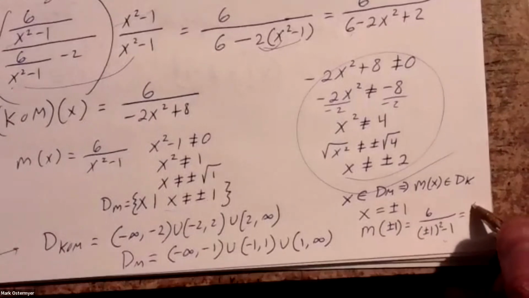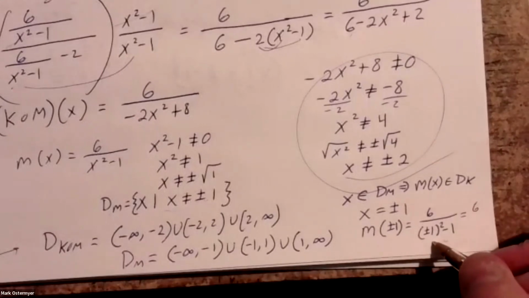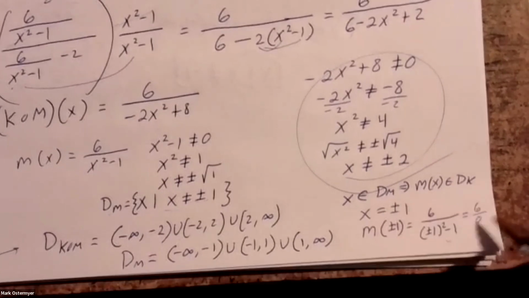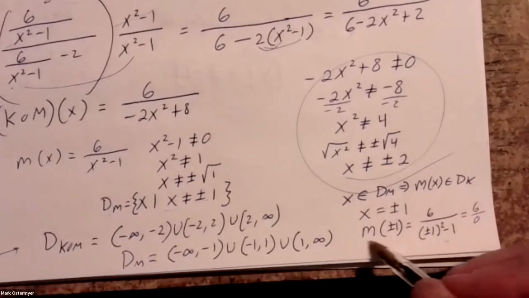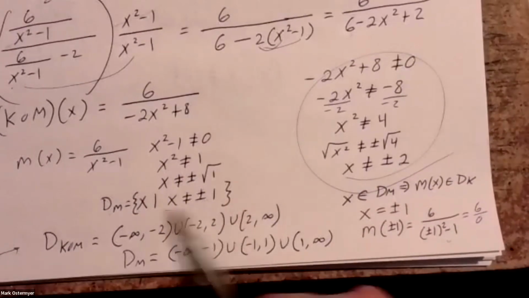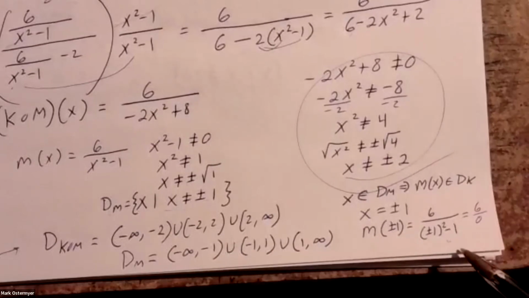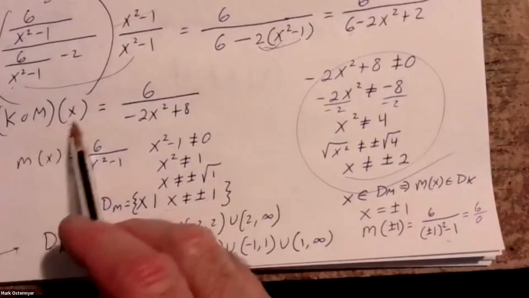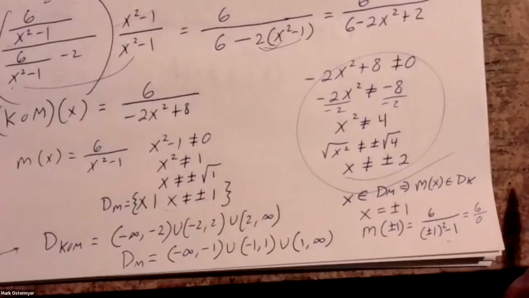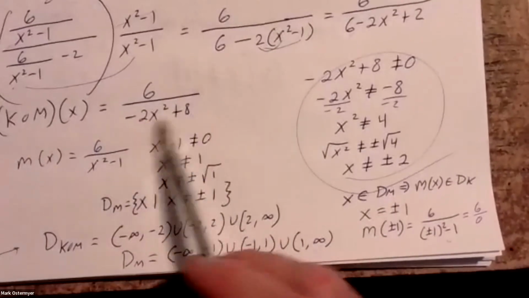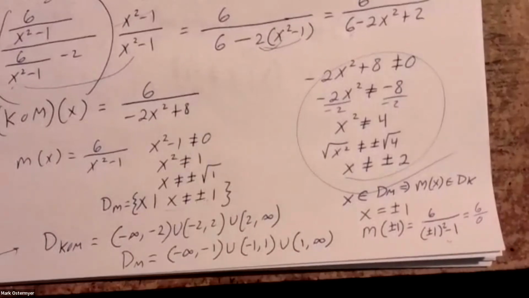This is going to give me 6 over 0. It's not even going to be defined there. So you can see that positive or negative 1 causes function m to be undefined. And we knew that. That's why we stated the domain for function m had to be this here. So we cannot have positive or negative 1 be in the domain of k composed with m of x. But we can also not have positive or negative 2 be in the domain of function k composed with m of x. Can't have that either.